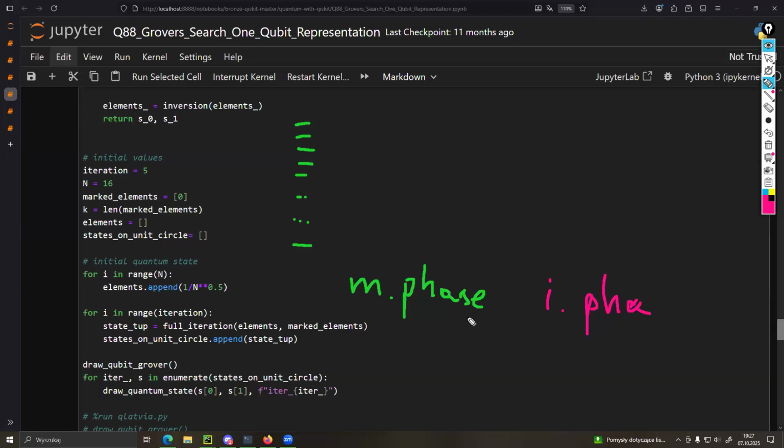I'm sorry, this is bad naming. Let's say marking step. Because this entire operation will be our start. Let's do it even further.